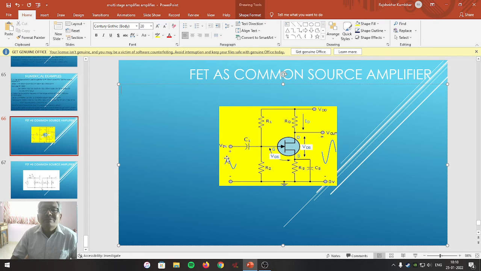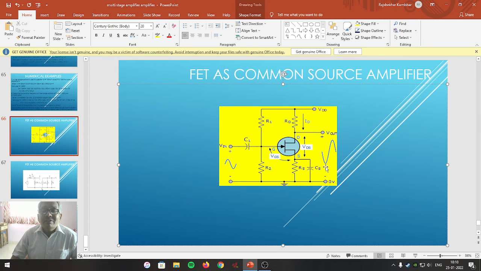Look here, if this is the signal, then the output will be like this, totally reversed by 180 degree phase shift. Such a circuitry can be used as a FET common source amplifier.